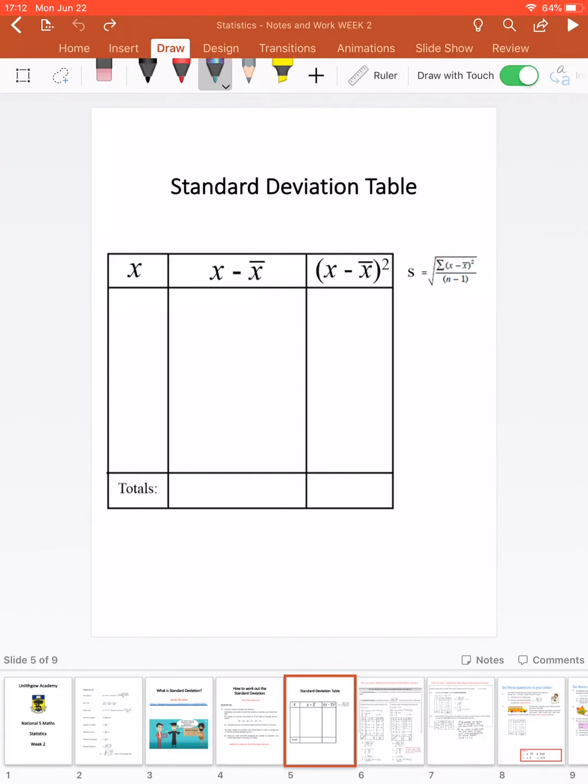The second column is your X subtract X bar. That means your value subtract the mean. And then your third column is just the second column squared. So if you got an answer of 3 there, 3 squared would be 9.